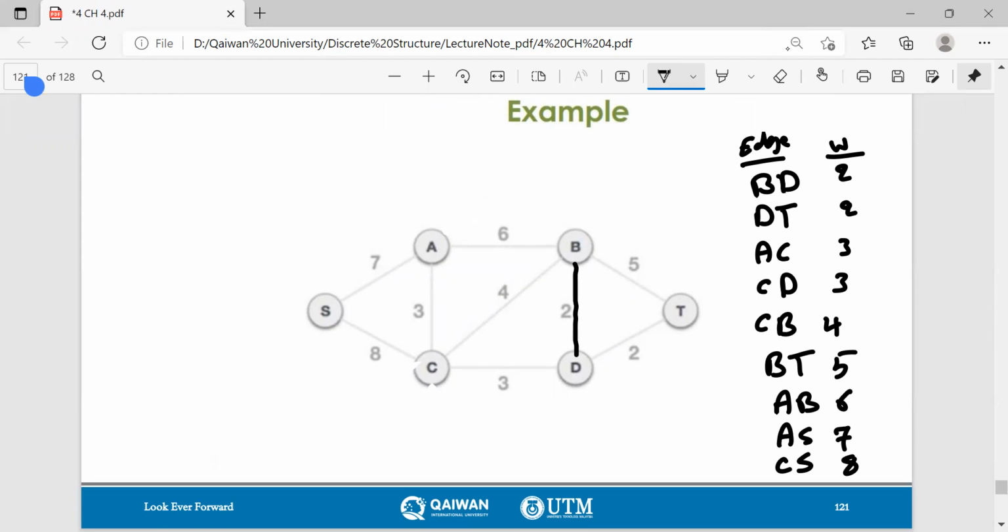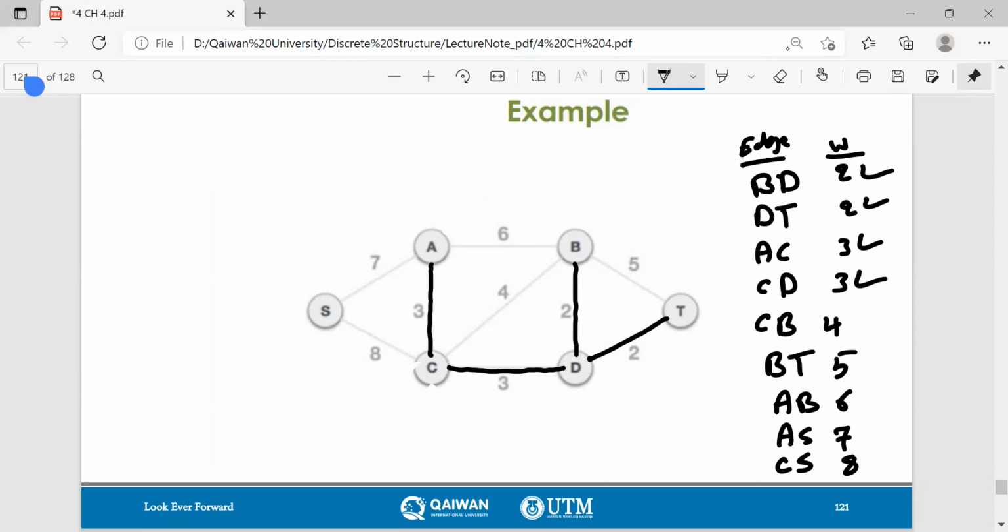Then DT, can we do this? Yes, because it doesn't make a cycle. Then AC, we have this one. Then CD, can we do this? Yes, because it doesn't make a cycle. So this one is okay, this one is okay.